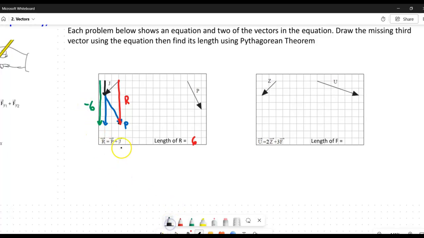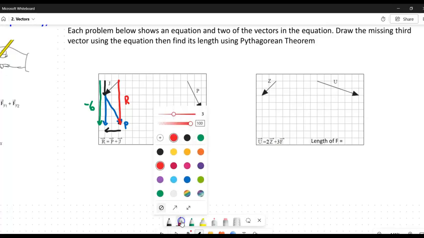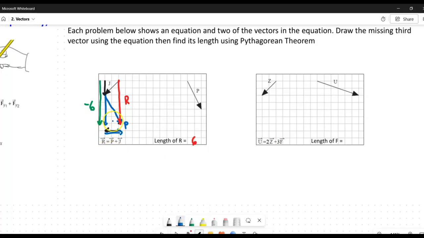Now the x direction vector, so j is going to go to the left, and then we're going to add it to p, which goes to the right. I'm going to use this one right here, which is blue. And so by adding vector addition in one dimension, the overall resultant vector of this is 0. So this is r sub x equal to 0, and r sub y is equal to -6.